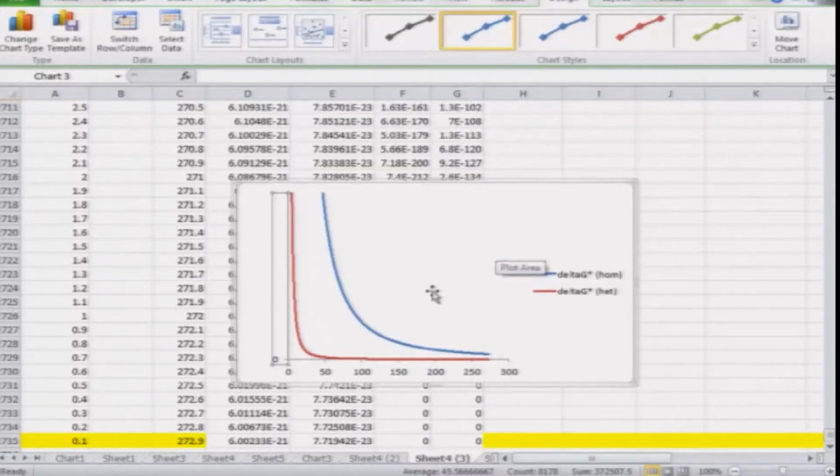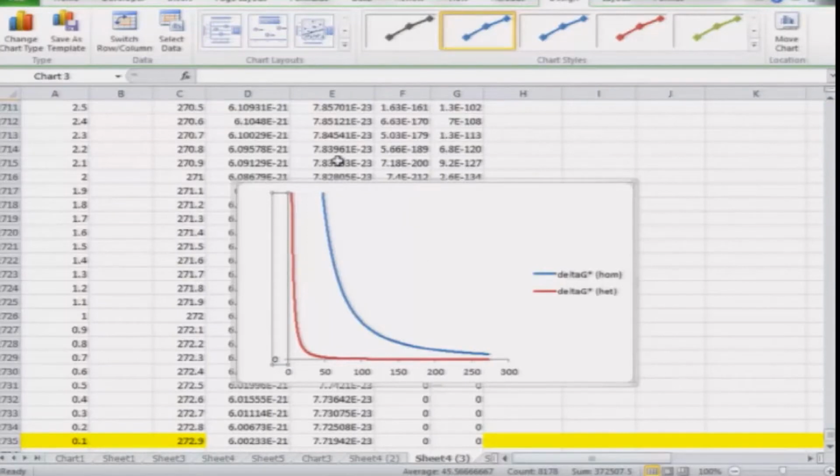And you can clearly see that for a given undercooling, the energy barrier in the heterogeneous case is much smaller than in the case for the homogeneous nucleus. For example, at 50 K the barrier is only this much, while the homogeneous barrier is several orders of magnitude higher.